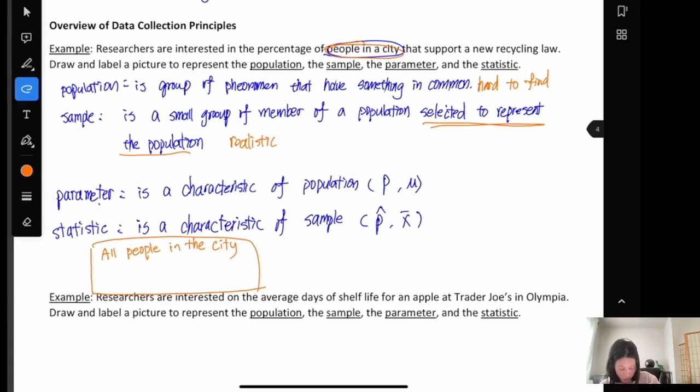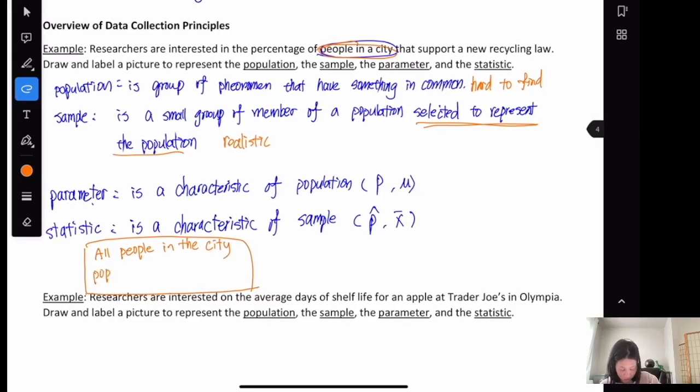This is going to be your population. And it's very hard to find everyone in the city and get their opinion about whether they support the new recycling law or not.